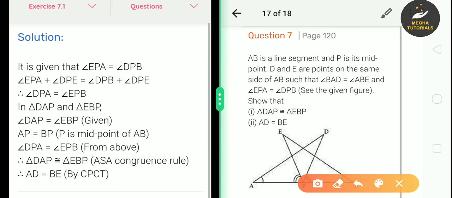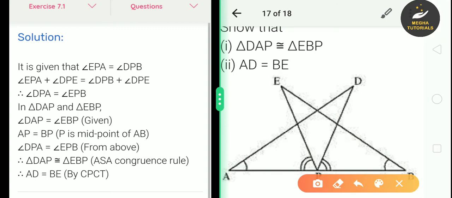We have to prove that triangle DAP is congruent with triangle EBP and AD is equal to BE. So let's start with the solution. We will consider triangles DAP and EBP. DAP means this triangle and EBP means this triangle. In these two triangles, this is a common angle. So let's start with the steps.